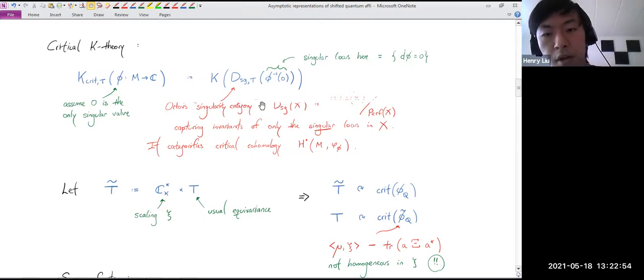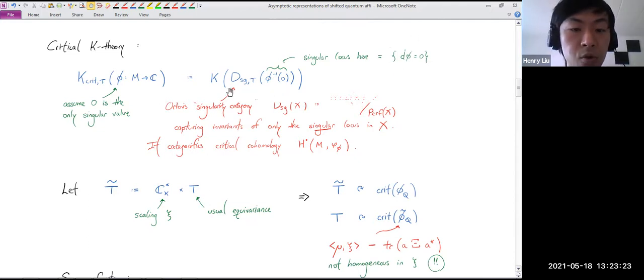The effect of modding out by the perfect complexes is that the singularity category turns out to be an invariant of just the singular locus of the space of interest. So here, if we take the singularity category of this phi inverse of 0, the singular locus in phi inverse of 0 is exactly the original critical locus, which we're interested in.